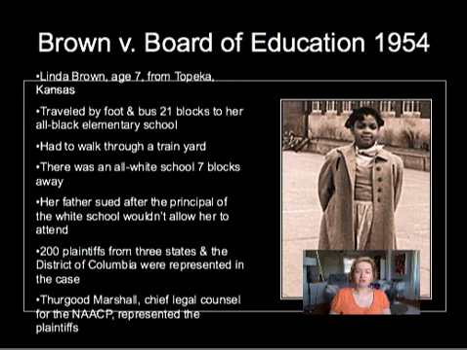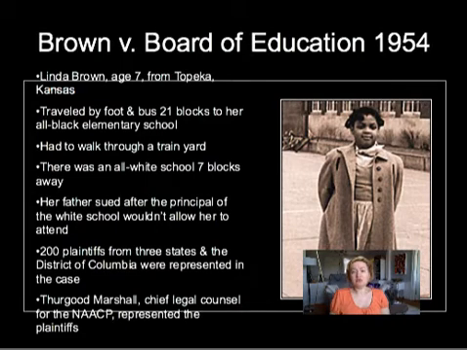Linda Brown, and this is her picture, was at that time age 7. She was from Topeka, Kansas. She used to travel by foot and by bus 21 blocks from her house to her all-black elementary school. She also had to walk through a train yard, which was pretty risky, dangerous.